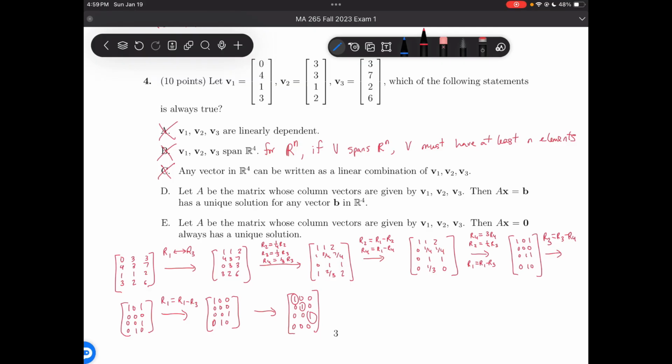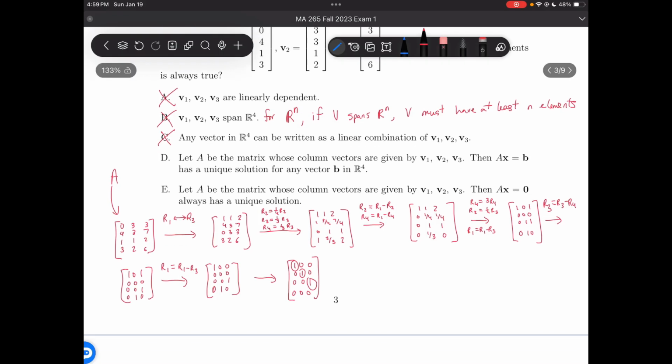I think it's helpful to visualize. So they say let A be the matrix whose column vectors are given by v1, v2, v3. That's essentially what we have over here. And if I have A, we can rewrite A as its columns, and let's say that x is equal to x1, x2, x3.